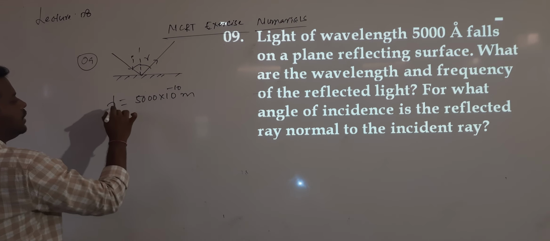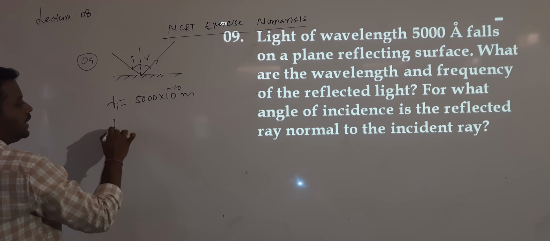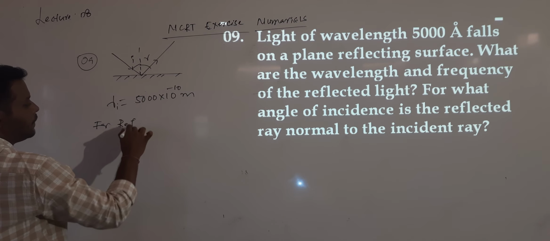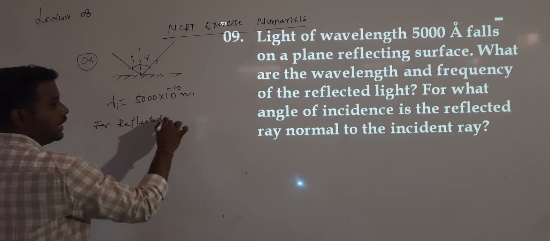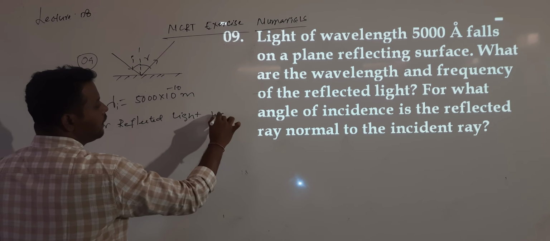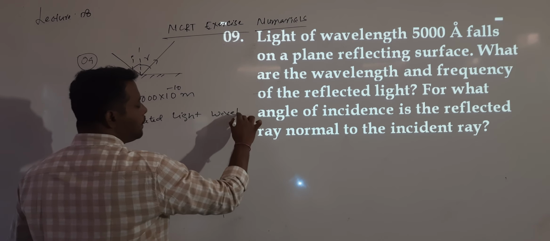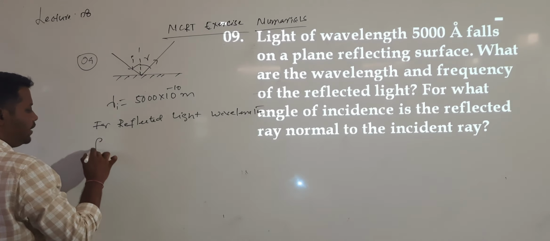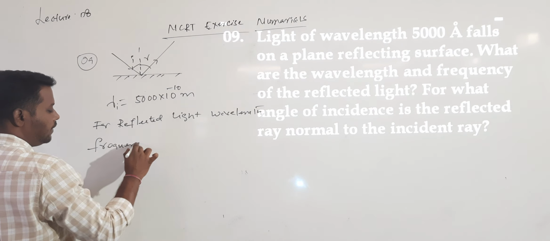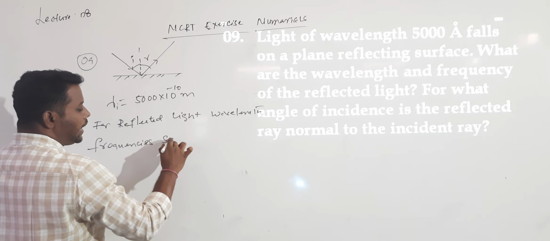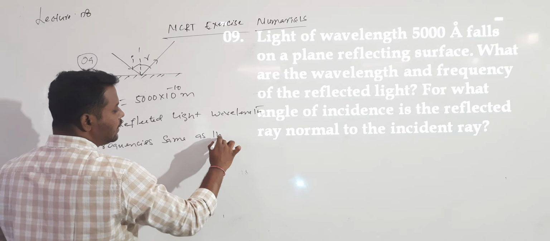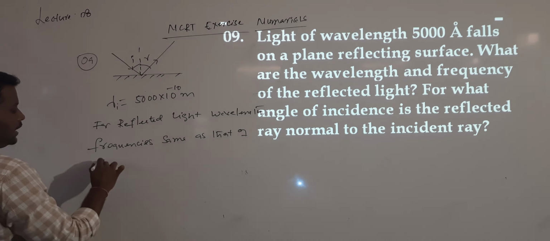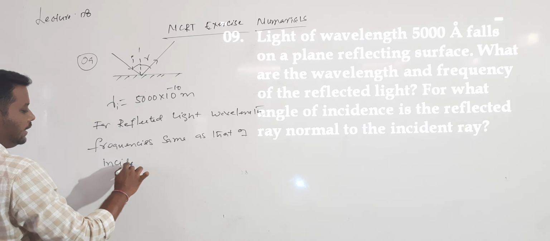Obviously, this is the wavelength of incident light. So reflected light also will be there, so what happened? For reflected light, wavelength and frequencies are the same as that of the incident wave.